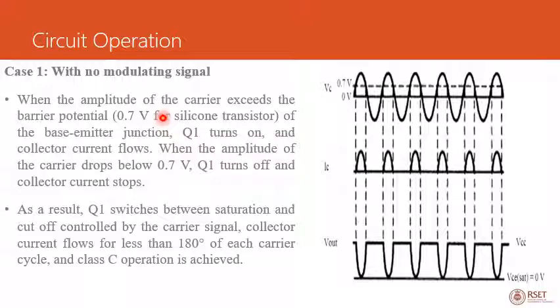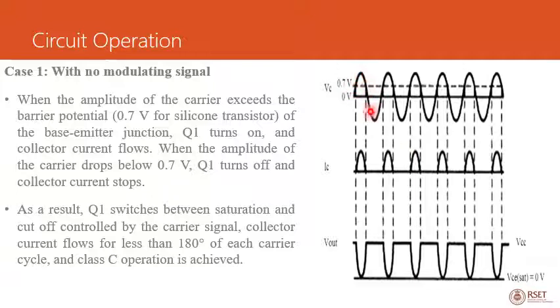So if the amplitude of the carrier exceeds this barrier potential, this Q1 turns on and the collector current flows, and when the amplitude of the carrier drops below 0.7 volt, then the Q1 turns off and collector current drops. Means it will stop. So the figure shows the operation of this case.